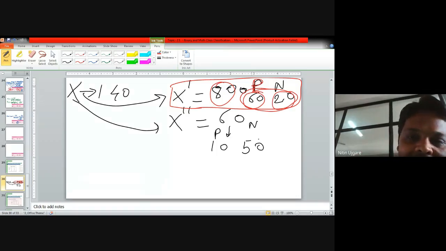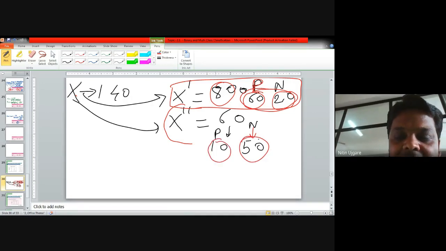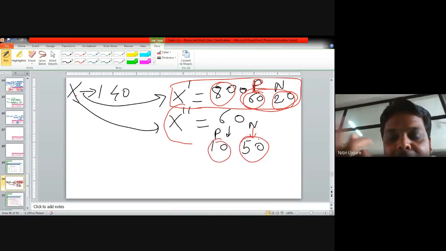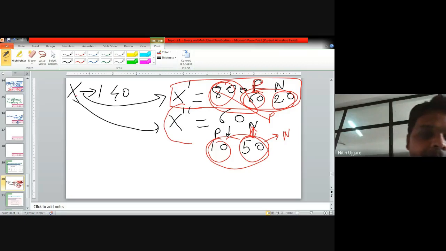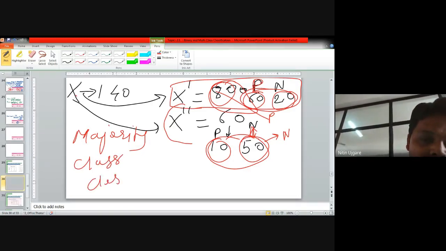Then in the second subset of the original data set X, we found that the majority of instances belong to the negative class, that is 50 instances are negative and only 10 are positive. Hence, using the majority class classification approach, we classify all these instances to the negative class, whereas all these 80 instances will be classified to the positive class. This is the majority class classification approach.